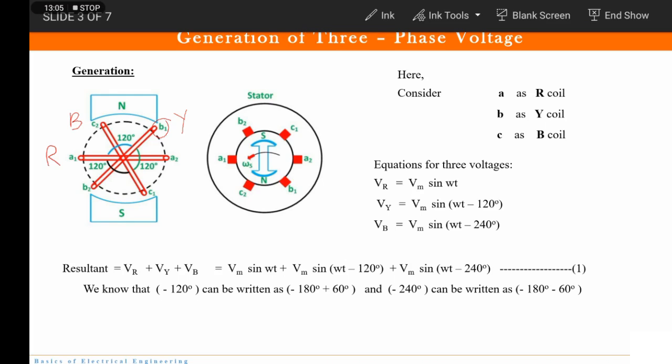Now what we are going to do, in order to simplify it, is consider this minus 120 as minus 180 plus 60. And similarly, we will consider minus 240 as minus 180 minus 60. So these two values are going to give me the same values, isn't it? Minus 120 and minus 240. Now why are we doing this?